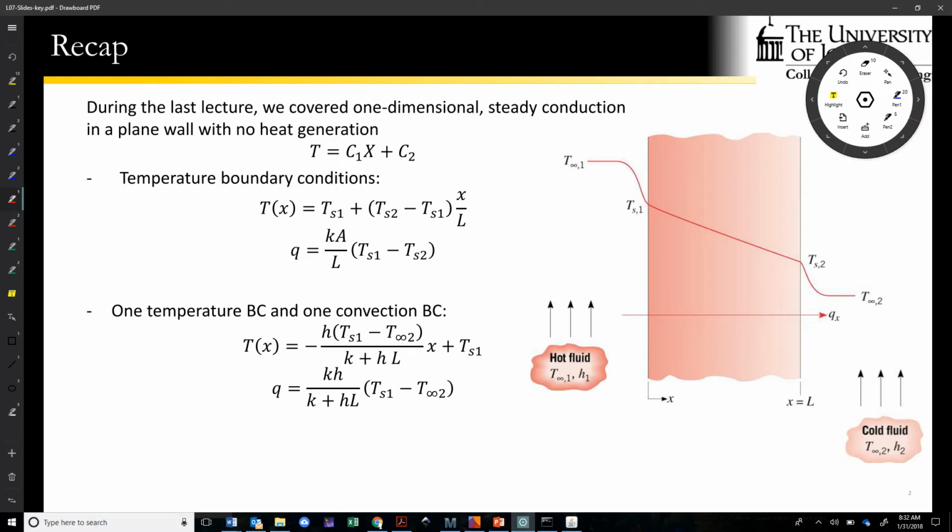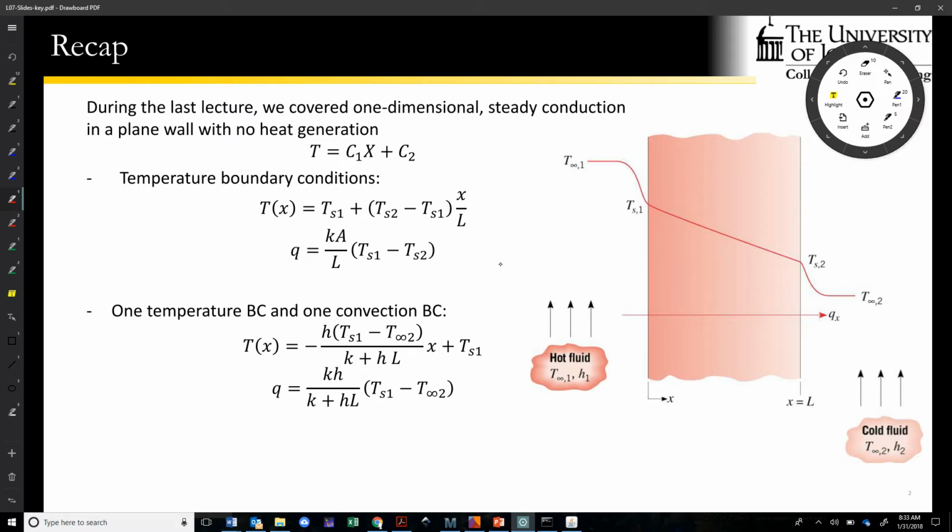So if you have the temperature boundary conditions, it becomes trivial to solve for your unknown constants of integration with TS1 and TS2 to find your final temperature distribution across the wall. So you end up with this linear expression here. And if you want to solve for the net heat rate through the wall, it just becomes a function of negative k times this slope here, times the area across which that heat transfer is occurring, and so you end up with Q being a constant.